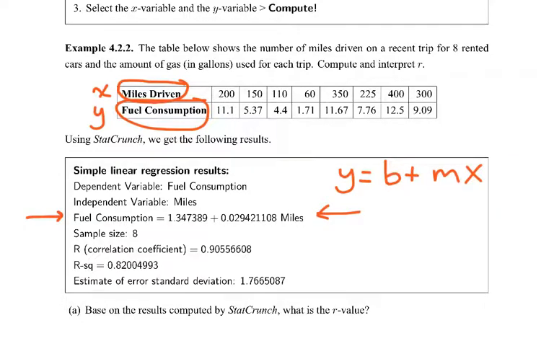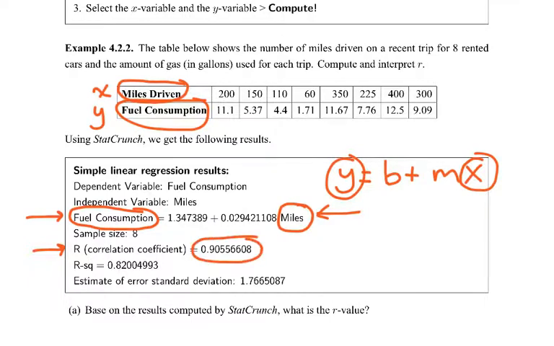So miles, remember, is your independent variable. That's like your x variable. Fuel consumption here is your dependent variable. That's your y value. Sample size, it tells you is 8, and it gives you the R value. Now, StatCrunch uses a capital R. When we write it, we usually use a lowercase r, but your R value is this number right here.